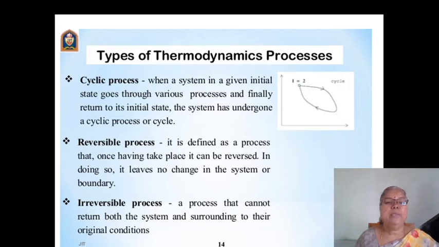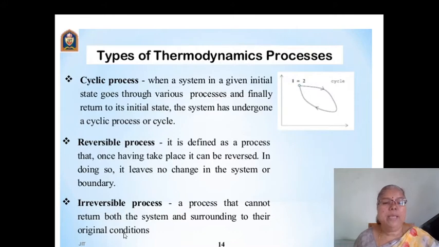A reversible process takes place in both directions, that means in a forward direction as well as in a backward direction. It is brought about by changing, by an infinitesimally small amount, either the pressure or the temperature of the system.